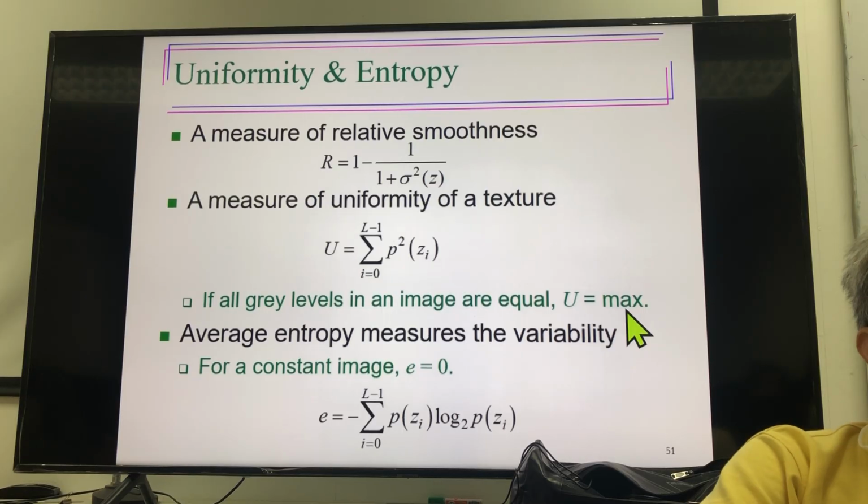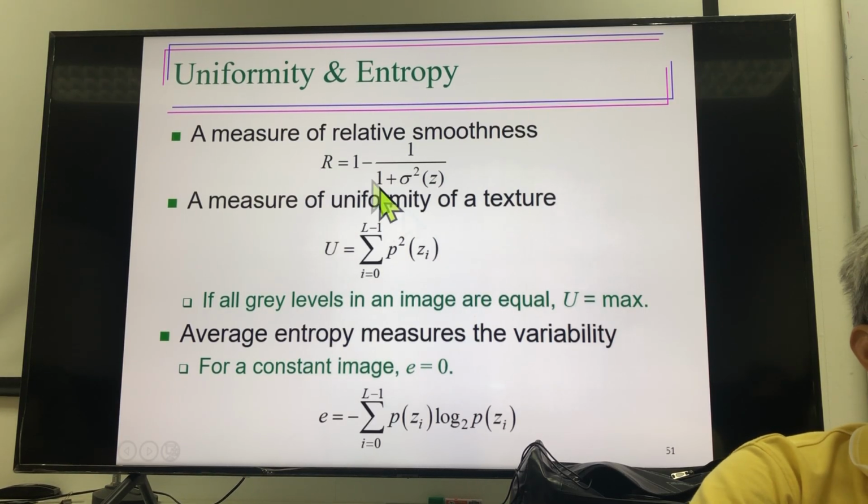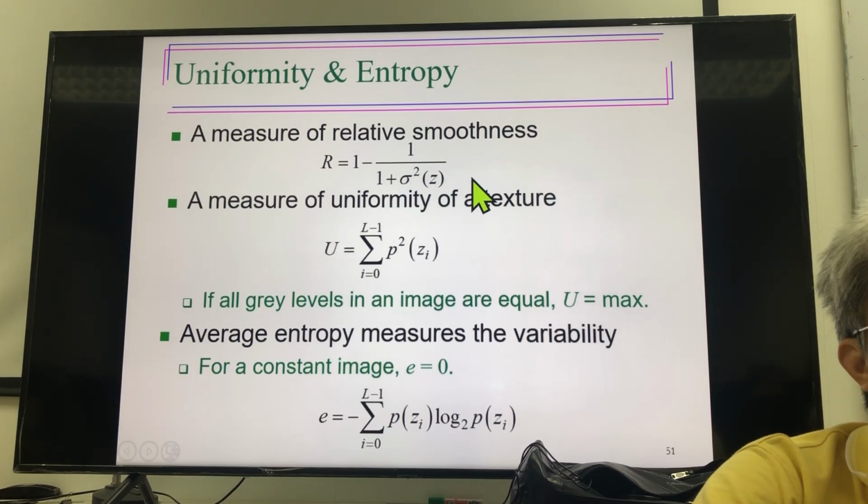And then you can use those statistics to measure things like the relative smoothness depending on the variance. So it's the opposite of the variance, right? If the variance is high, relative smoothness is supposed to be low.